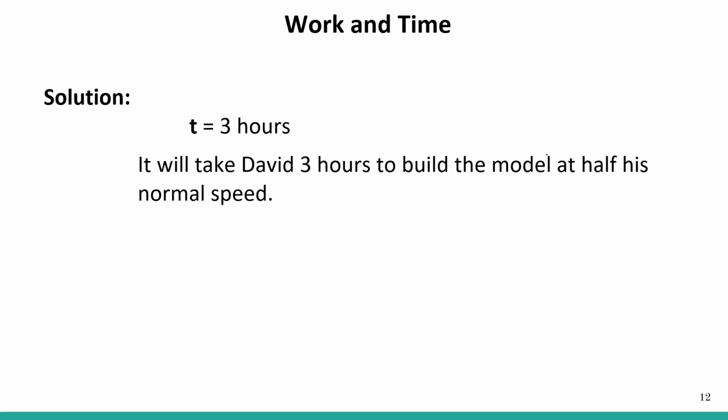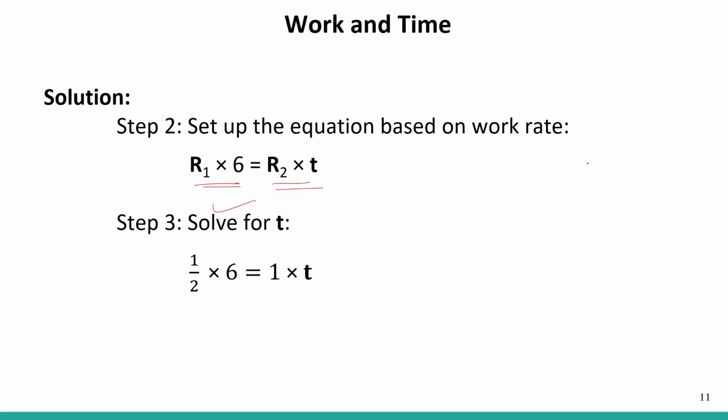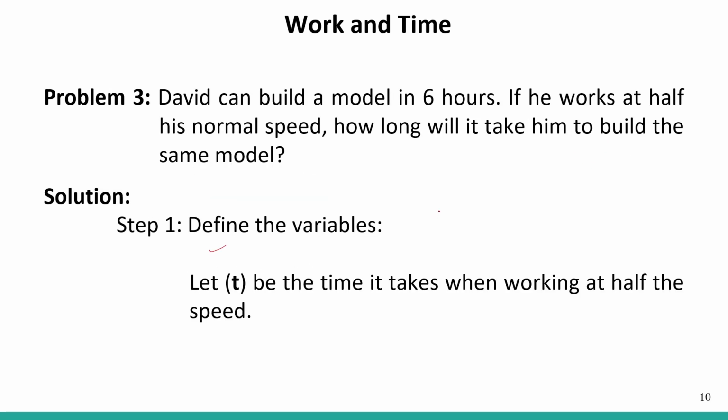Not half, that will be at twice his normal speed. Because he can build a model in 6 hours, if he works at twice his normal speed, then it will take him 3 hours to complete the model. So if he works at half of his normal speed, how much time will it take?